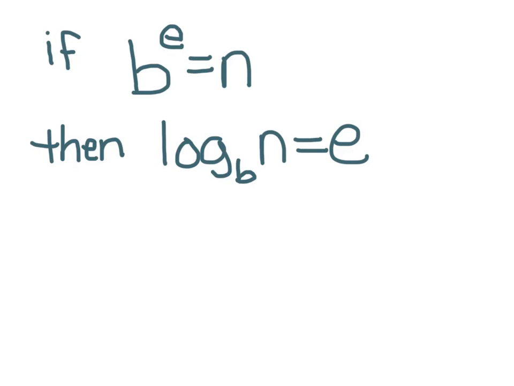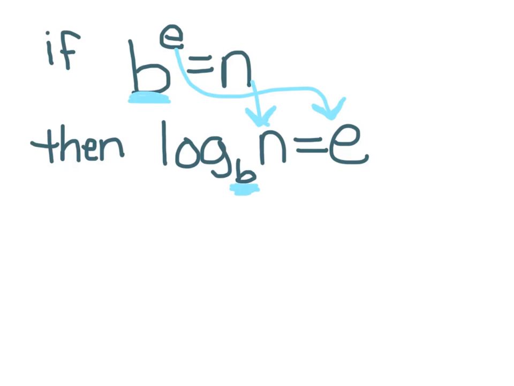So a lot of people look at this and they say, okay, well, b is your base. It's always your base. It's your base when you have a power, it's the base of your log. So that number stays the same. And then your e and your n just trade places, right? So you could memorize it by knowing, okay, well, the exponent and the answer trade places. Or some people call it Ben and Benny.